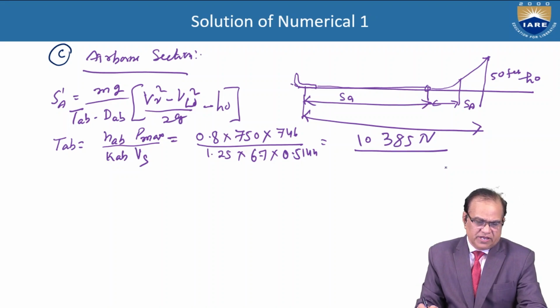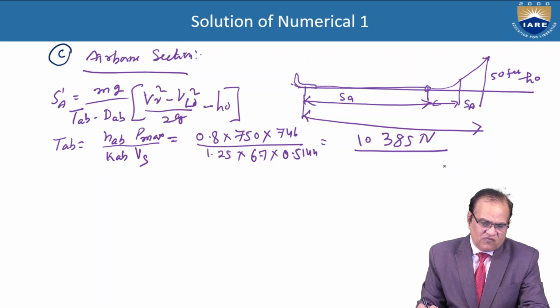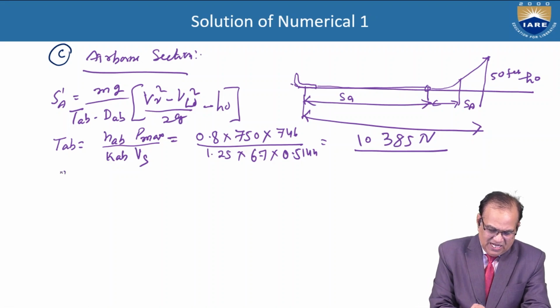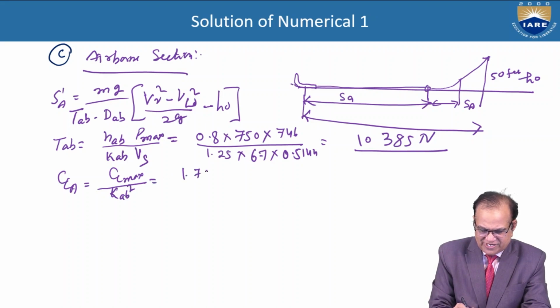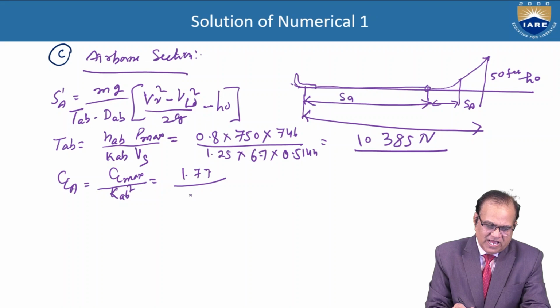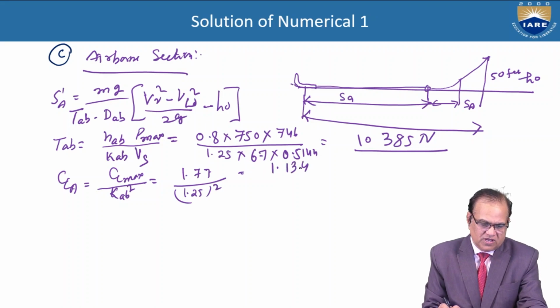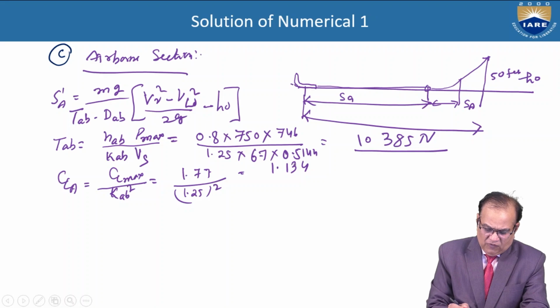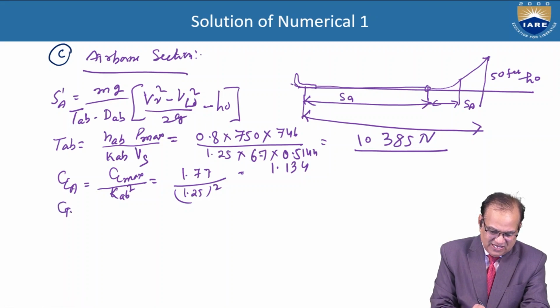So here we have to again find out the CL at airborne. This is the CL max by KAB square. CL max is 1.77, we have found out, and we have the value of K as 1.25 square. We will get this as 1.134. Now we have to find out the CD.